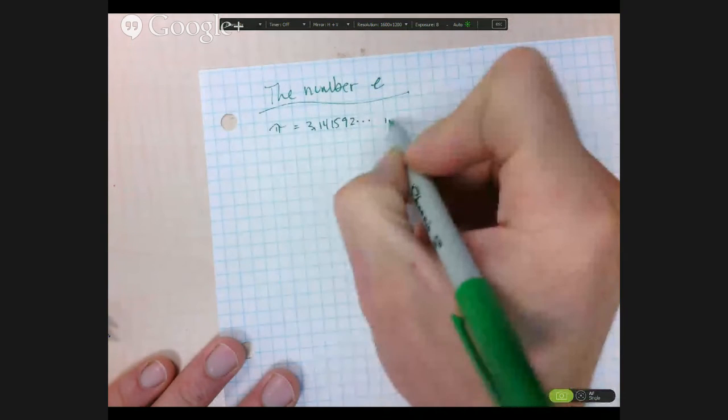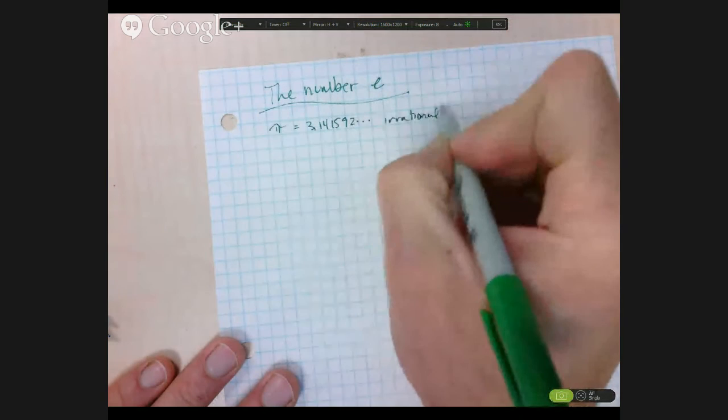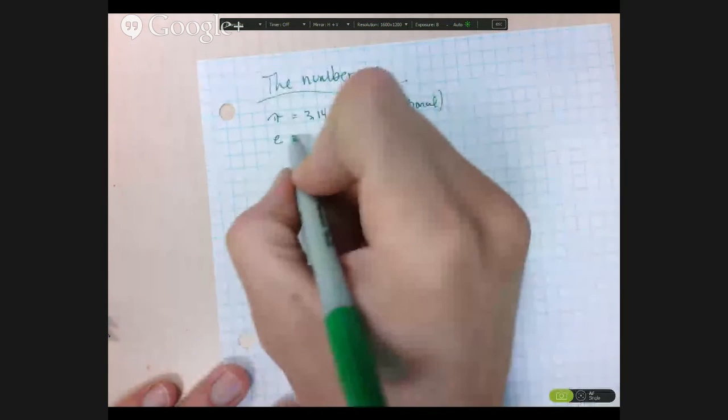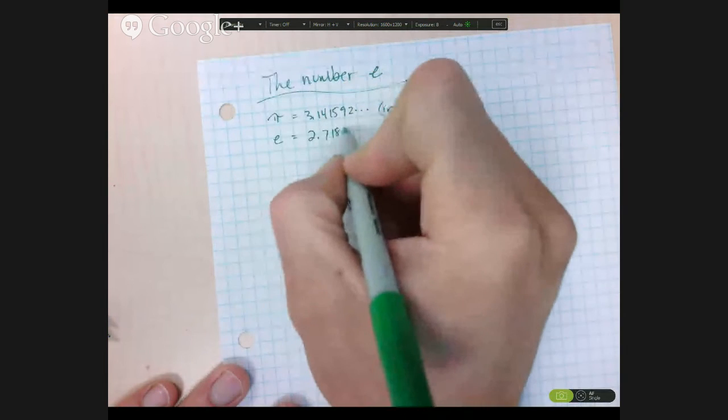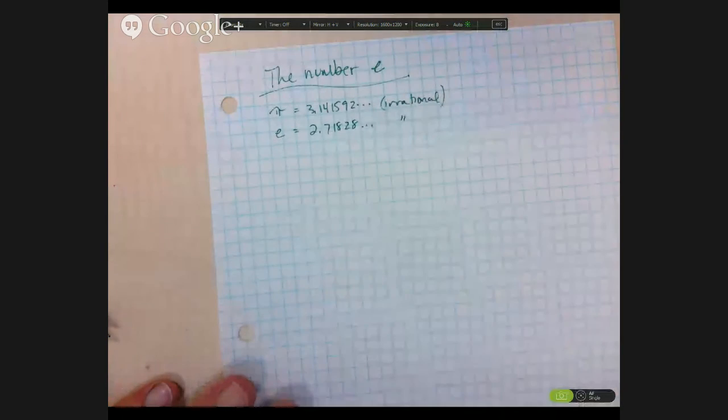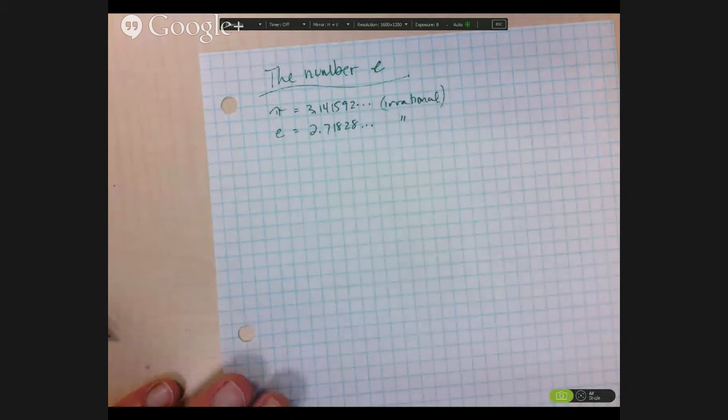If pi is irrational because it is a non-repeating, non-terminating decimal, well, so is e. 2.71828, yada, yada, yada, both irrational. Okay, they're both very special numbers in mathematics, and you'll see why with logarithms in the next video.